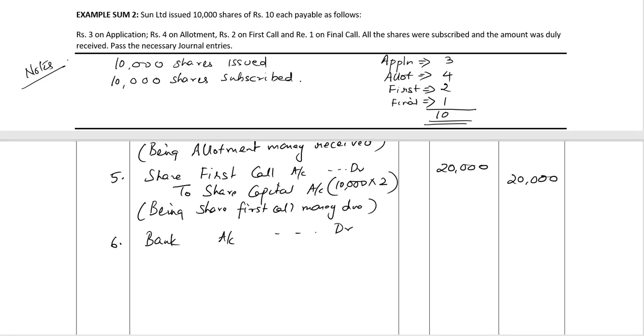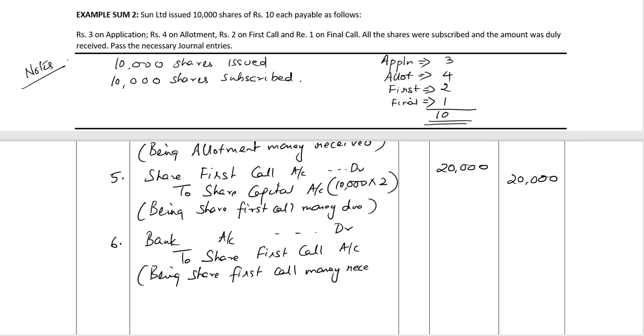Bank account debit to share first call account, being share first call money received, and the amount received is 20,000 rupees. Next, let's make the final call due.